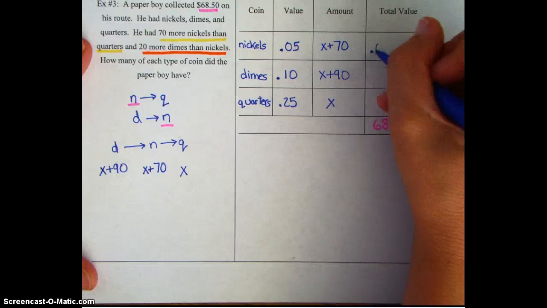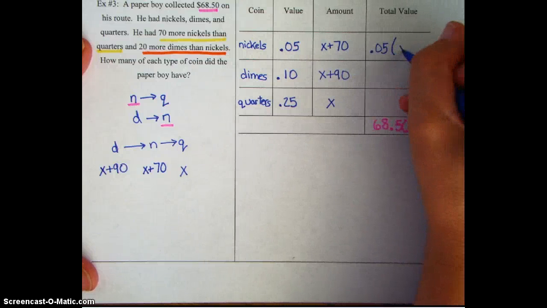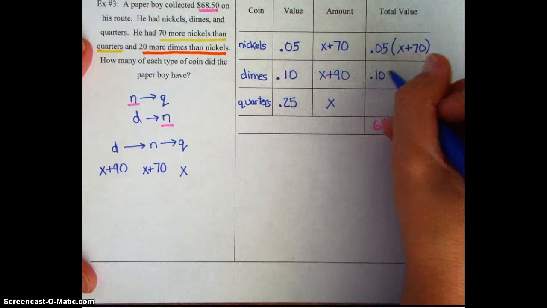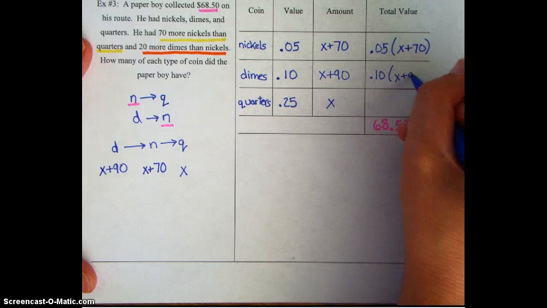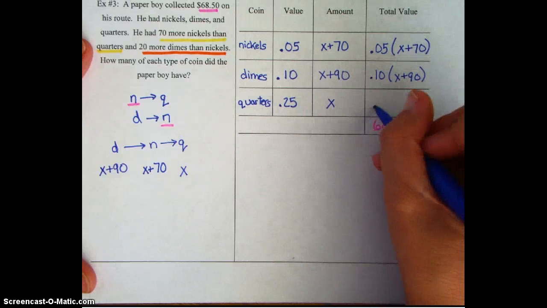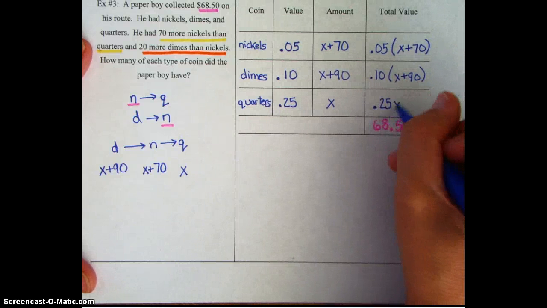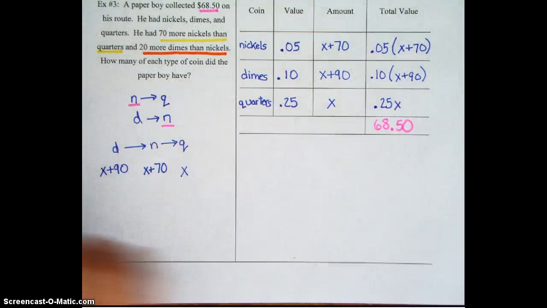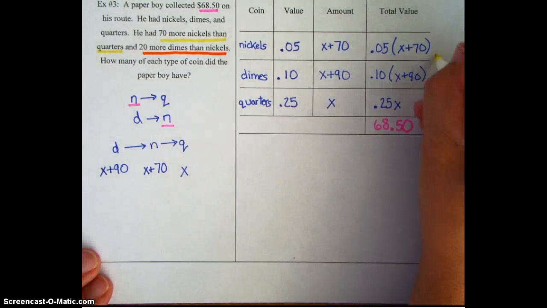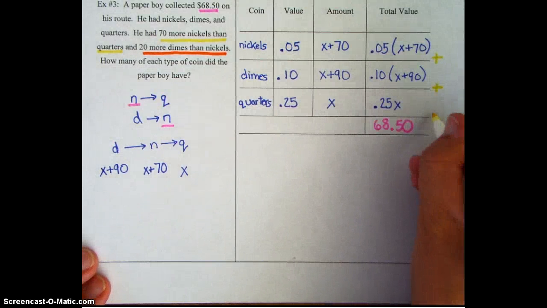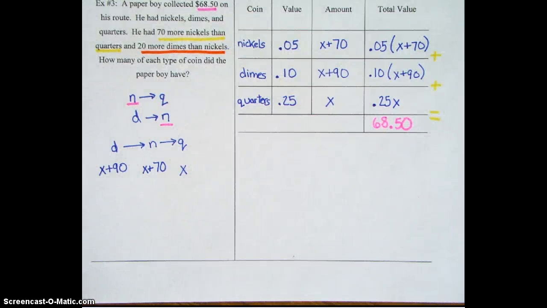In our total value column, we're going to need to multiply by the quantity of x plus 70. We'll need to multiply by the quantity x plus 90, and then we need to multiply by 0.25x. Just like all the other problems, we're going to be adding them together to equal the total on the bottom.